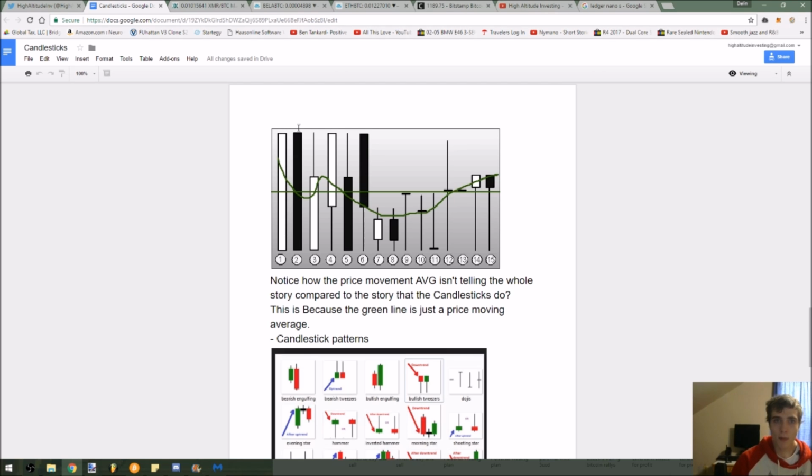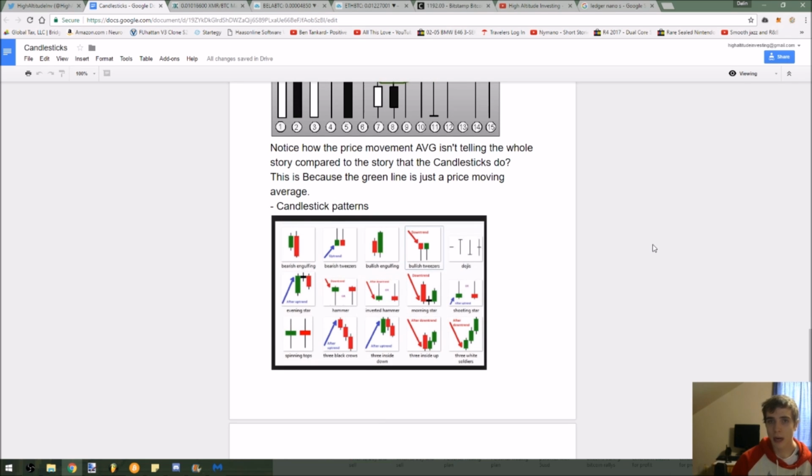As you can see, there's a lot more that happened inside of the market in this period, and it can be represented by the wicks and the bodies of these candlesticks, whereas a moving average just gives you a line that's like, oh, it kind of went here, kind of went there. Well, actually, it went clear up here and clear down here, and there are a lot of different opportunities with volatility to make money in between that type of move. If you're only seeing a line, then you're not going to get the full story.